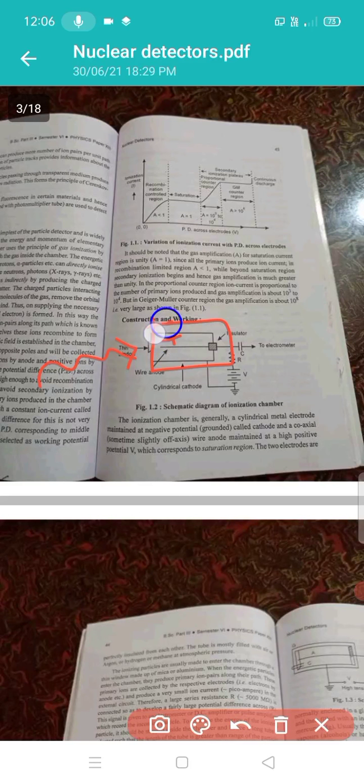What is an ion pair? Positive and negative. The cylindrical cathode is connected to the negative potential, and the wire anode is connected to the positive potential. These primary ions are collected by the respective electrodes. What are the electrodes? The cathode and the anode.